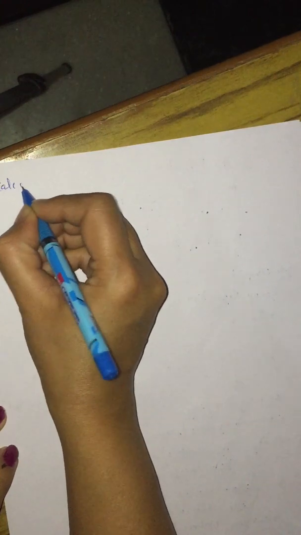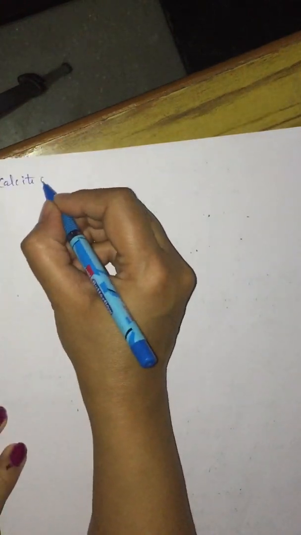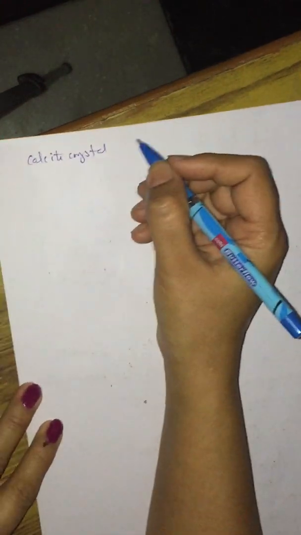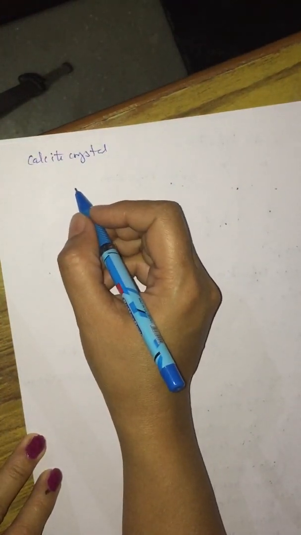Now we will discuss the calcite crystal, which is an example of an anisotropic crystal, and it shows the phenomenon of double refraction.